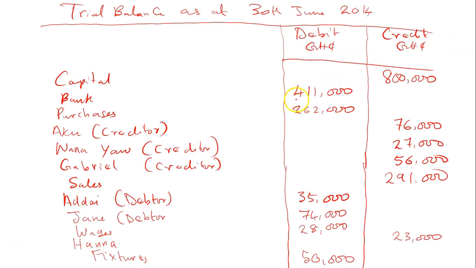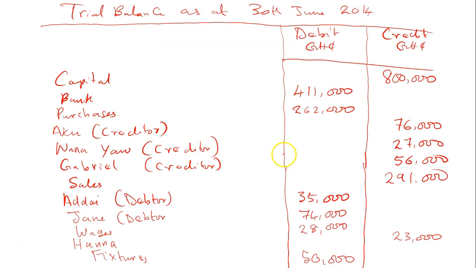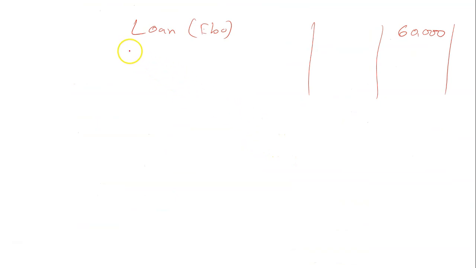Then the next one is motor vehicle. The vehicle has a debit balance of 400,000 Ghana cedis, right? So since it's a debit balance, we also record it at the debit side. The name, motor vehicle, 400,000 Ghana cedis.